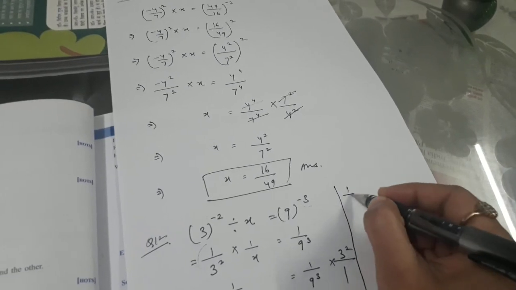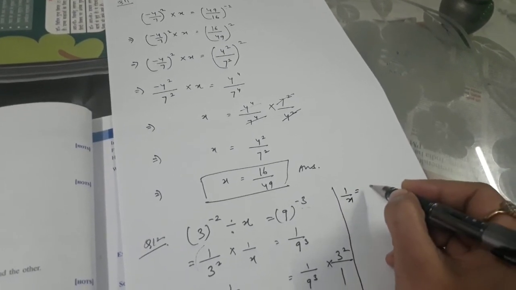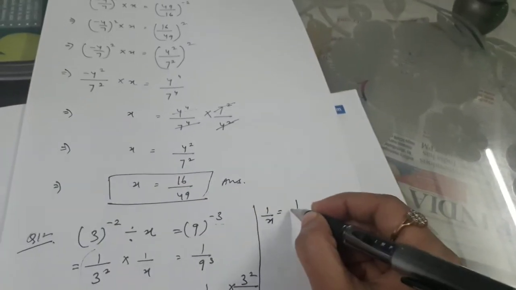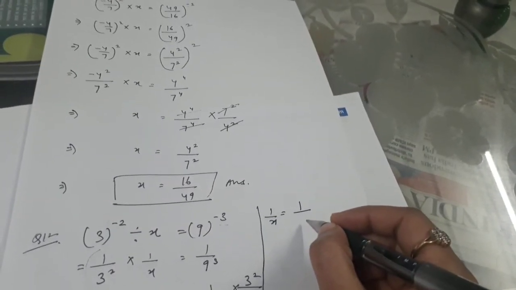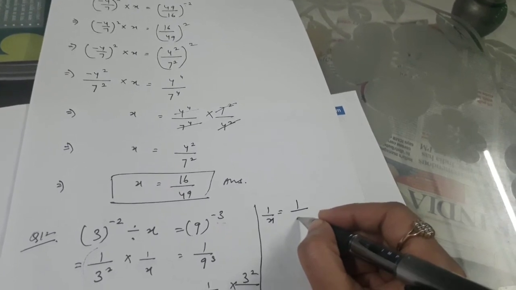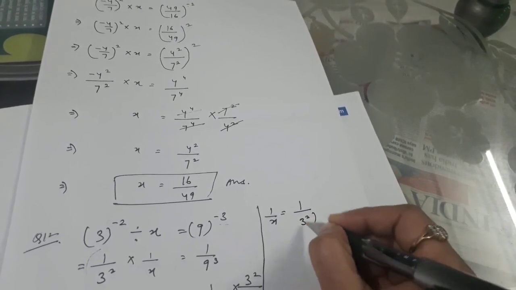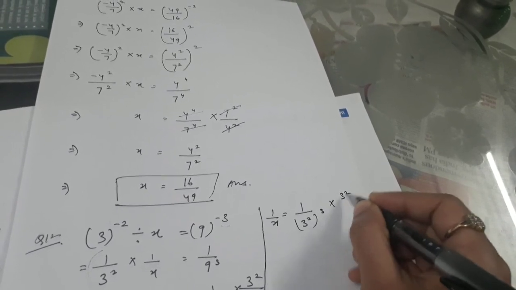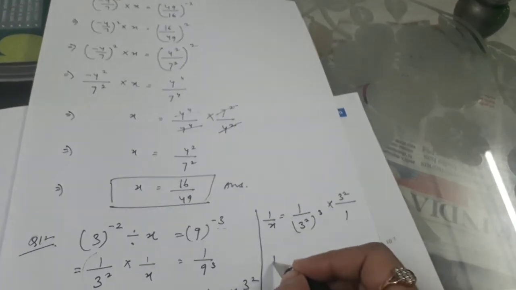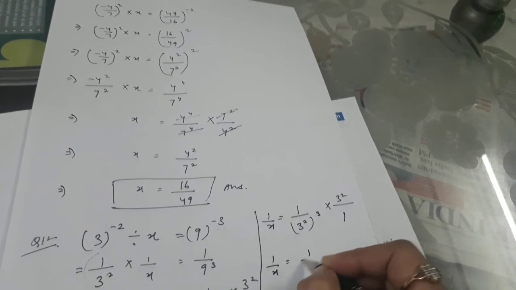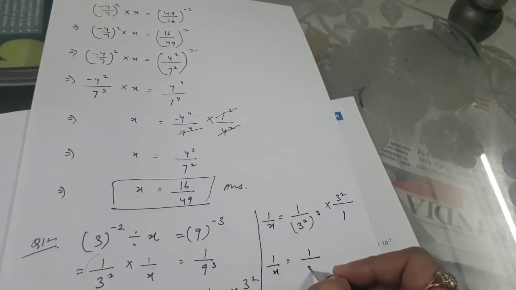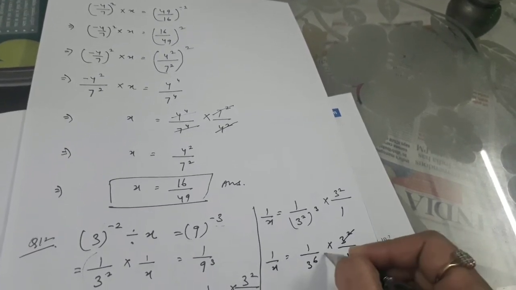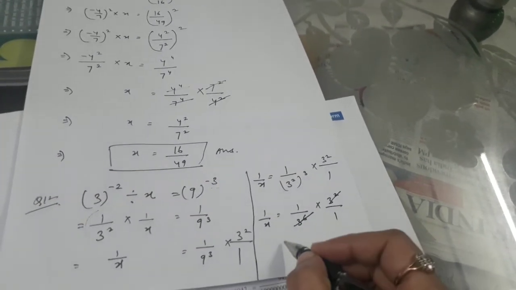So 1 by x would be equal to, we can write 9 raised to the power 3 as 3 raised to the power 2 whole raised to the power 3, into 3 raised to the power 2 by 1. So it would become 1 by 3 raised to the power 6, 3 raised to the power 2 by 1. So it can get cancelled.